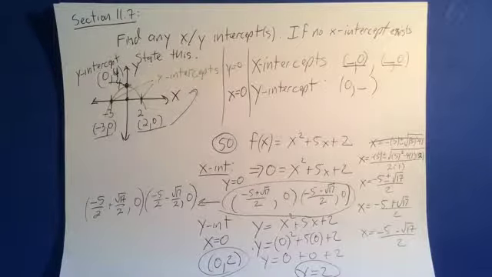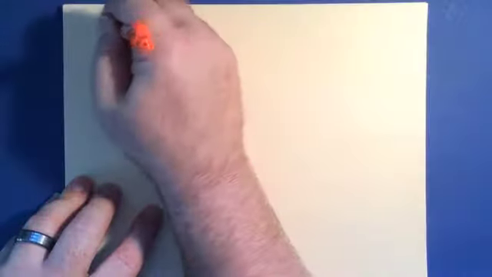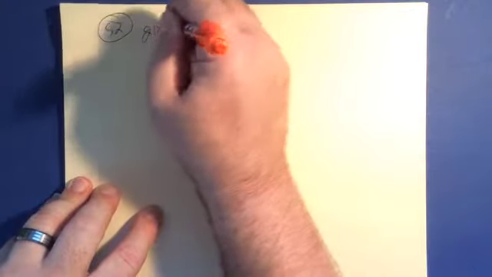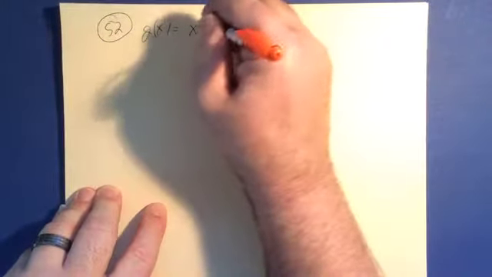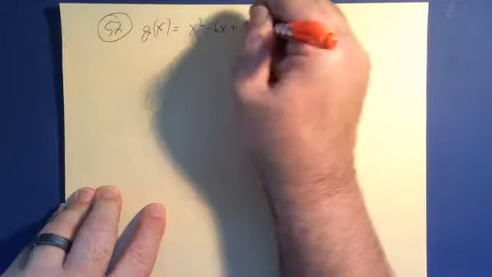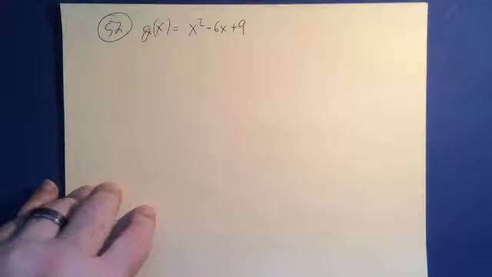So let's go ahead and take a look at a few other problems here. Let's start looking at 52, where we're going to have g of x equals x squared minus 6x plus 9.